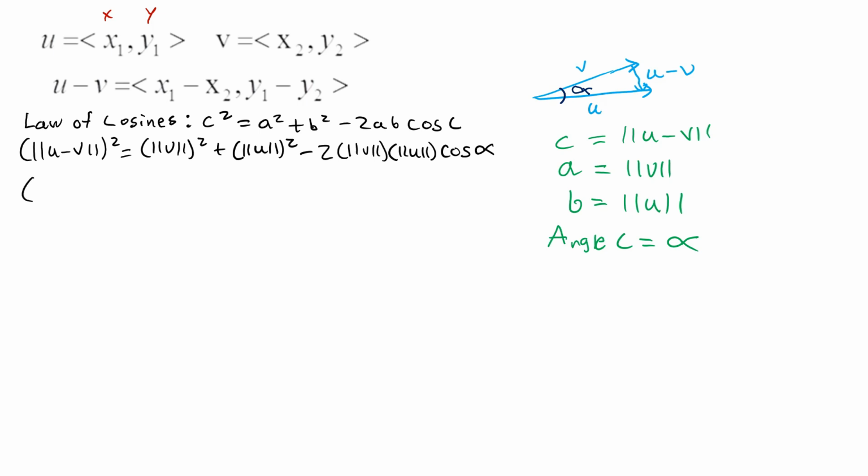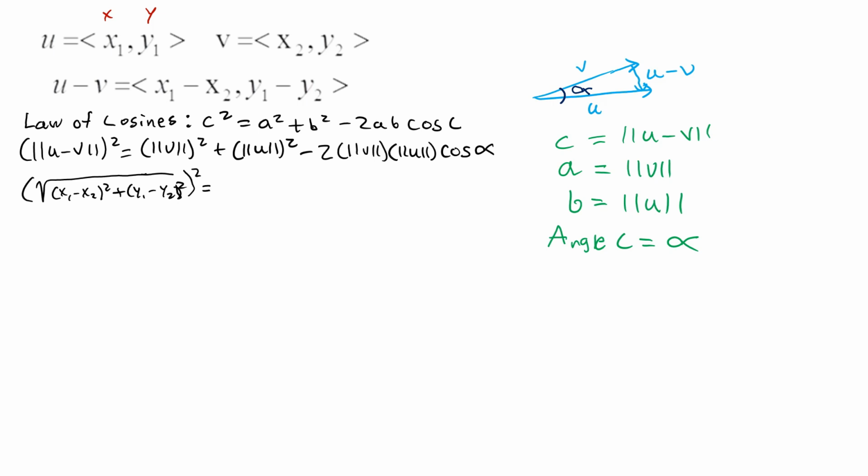We can say here, let's first get the magnitude of u minus v in terms of x1, x2, y1, and y2. This will just be the square root of x1 minus x2 squared plus y1 minus y2 squared, and then squared.